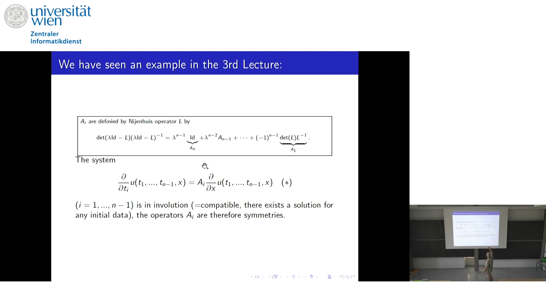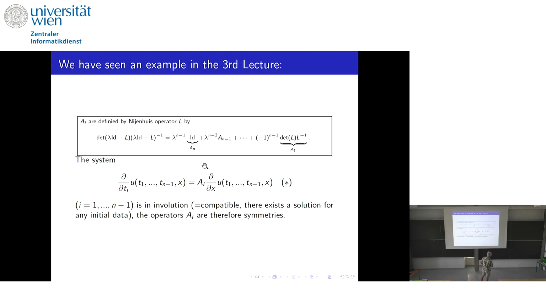It is polynomial in L and in lambda, and the coefficients of this polynomial will be called A_i. Then this is a system of n squared, or maybe n squared minus n equations, depending on whether we consider x to be another variable, which is legal in this case, or just a special variable. This system is compatible. This was one of the statements I pronounced in the previous lecture. And this means that all A_j are symmetries of any other A_i. So we have here n-1 commuting symmetries.